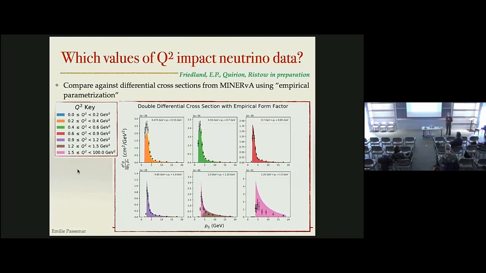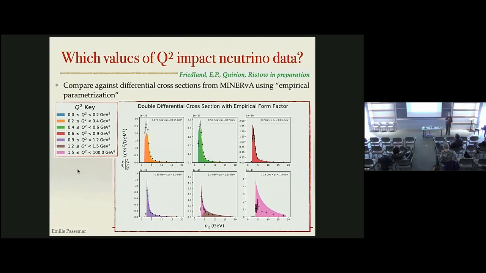And then they found a 2p2h of order 30%, but the problem is that in electron data you don't see this huge enhancement, and you would think naively that you should have the same order of magnitude, right? Because these nuclear effects are independent of whether you shoot your nuclear target with an electron or a neutrino.